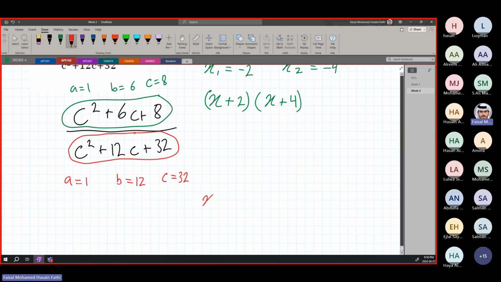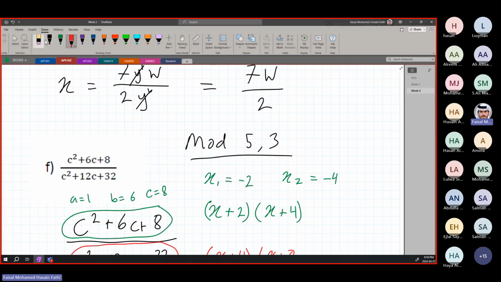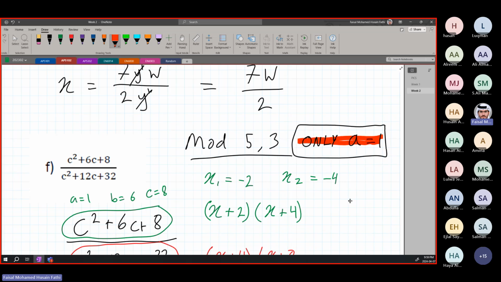Again, we get x1 is equal to minus 4, and x2 is equal to minus 8. So when we want to do the factorization, it's going to be the opposite sign, x plus 4 and x plus 8. Remember, again, this is only when a is equal to 1. This is very important. Only when a is equal to 1.